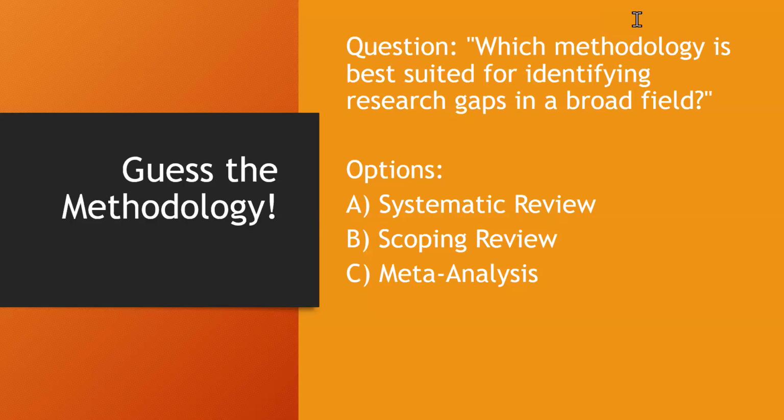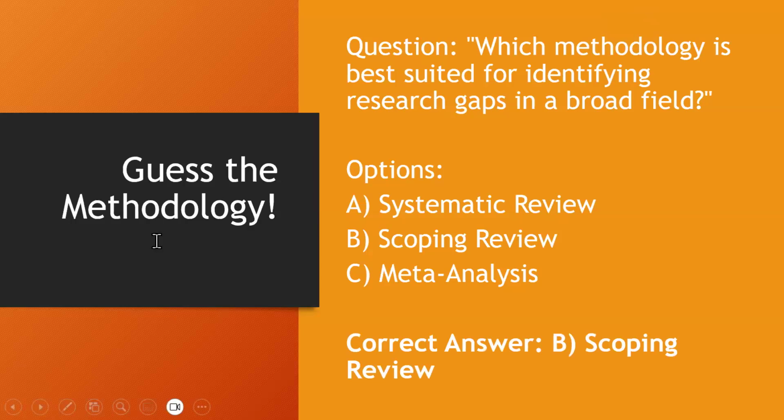Thank you. Okay, so thank you everyone for the interaction. So the right answer is the scoping review. Since we are identifying the research gap in a broad field, which you don't have any idea about, you go for the scoping review, since the breadth of the field, how broad it is, will help to identify the research gap.